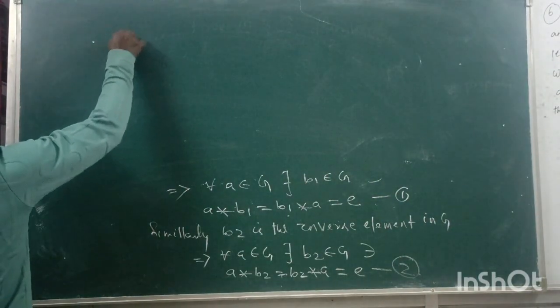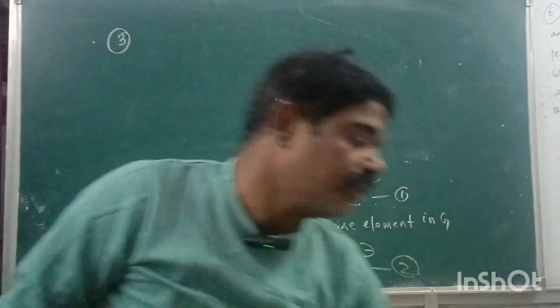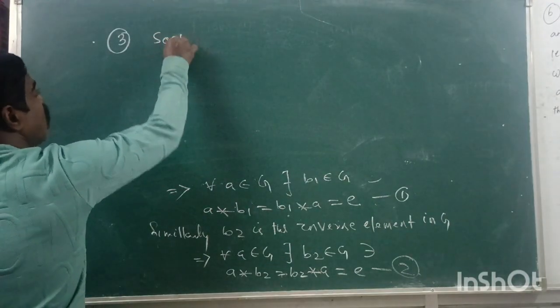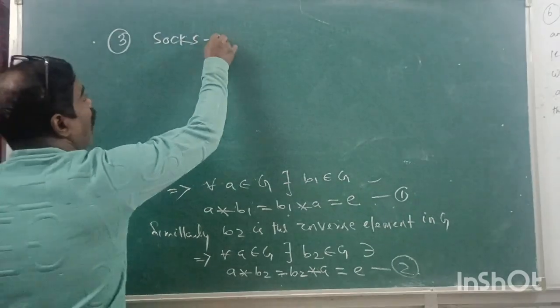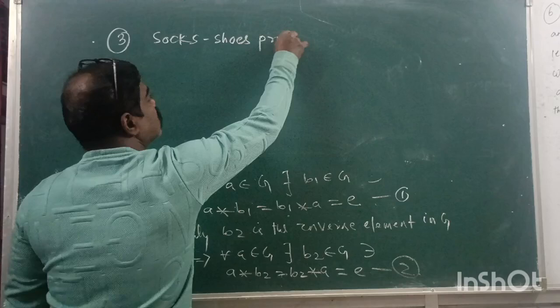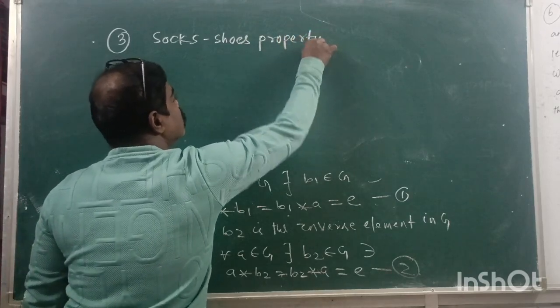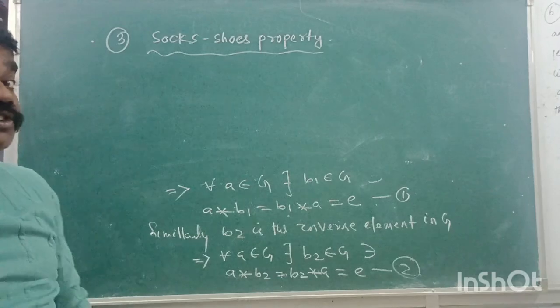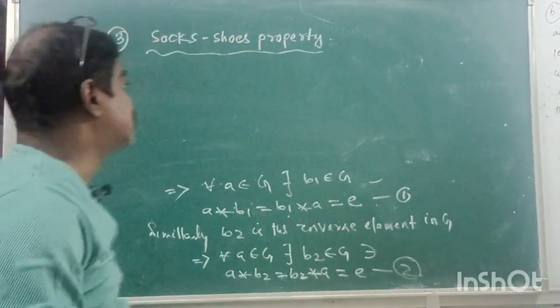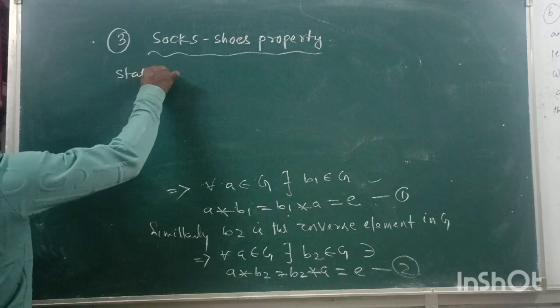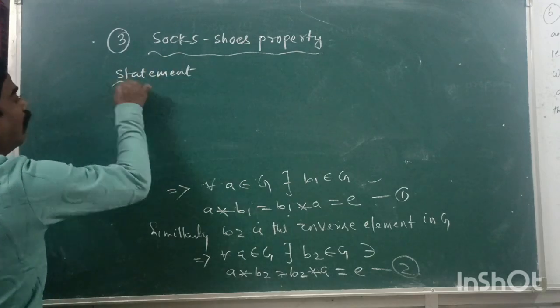Property number 3, that is socks and shoes property. What is this socks and shoes property? Very important. See statement.